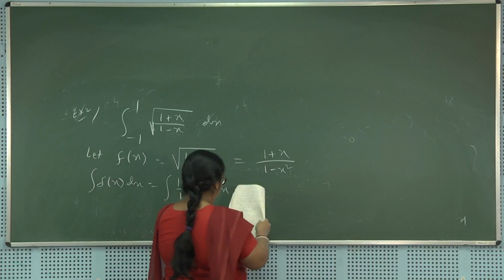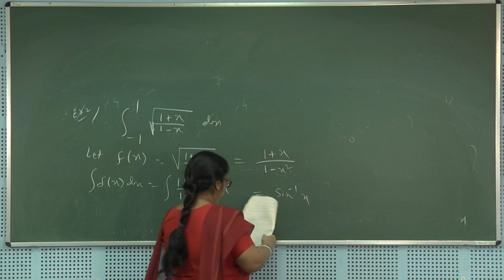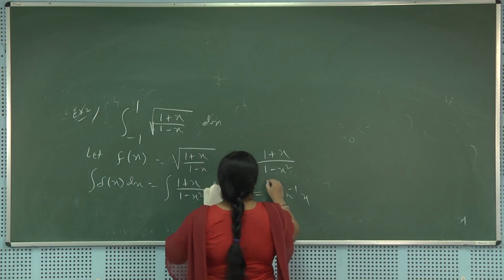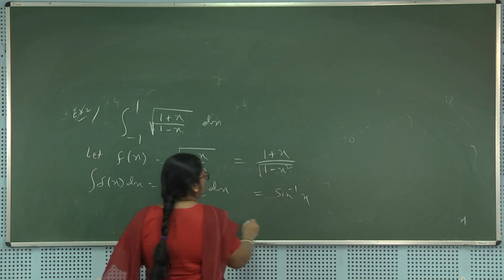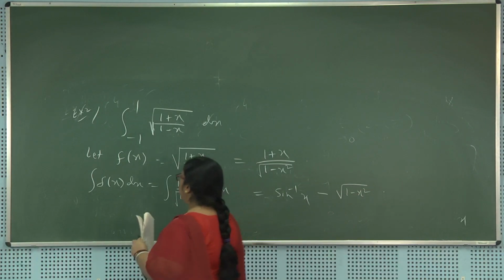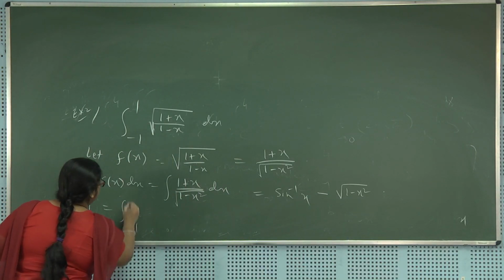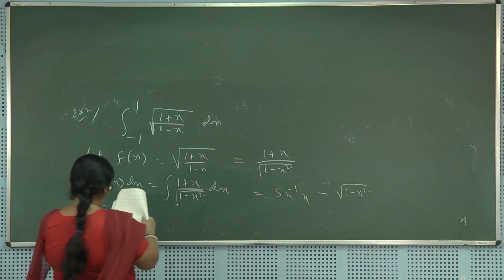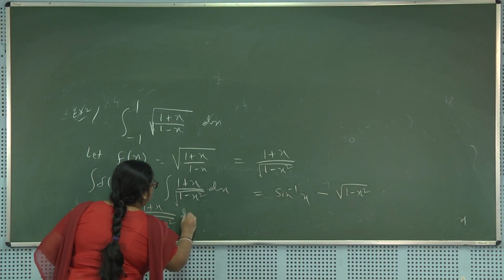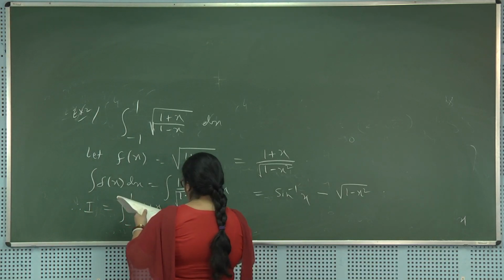If you work it out, this will become sine inverse x minus root over of (1 minus x square), because you will separate it out. Next, if you put in the limits, I is equal to integral -1 to 1 of this value, and if you do it properly, this will come out to be pi.